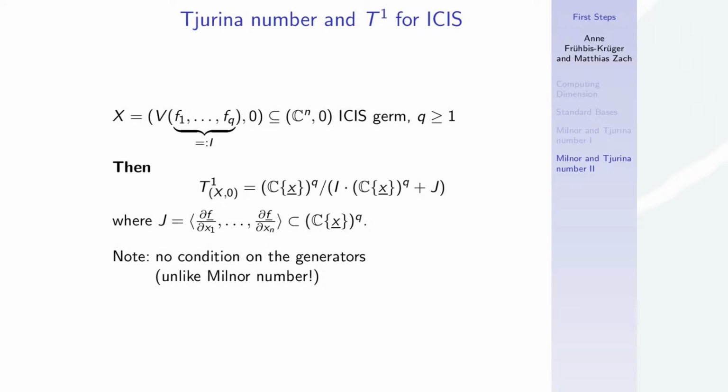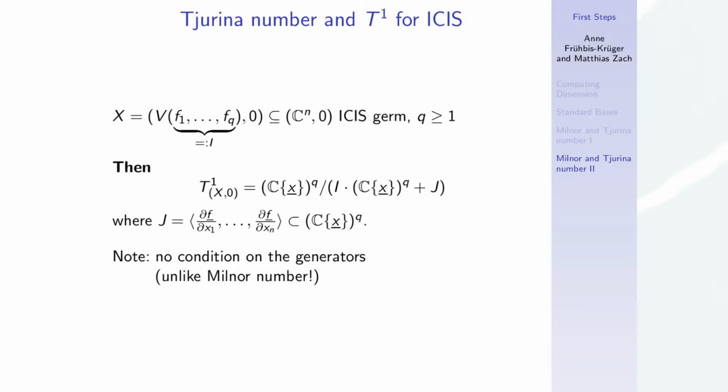And then we can easily compute our T1 as C{x}^q, think of it as all the positions where we can do a perturbation, modulo the ideal generated by the Fi at each of the possible positions, plus now the ideal generated by the columns of the Jacobian matrix, so by the partial derivatives of the Fi, taken as a tuple.